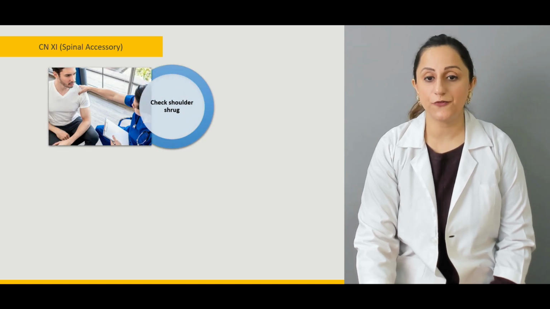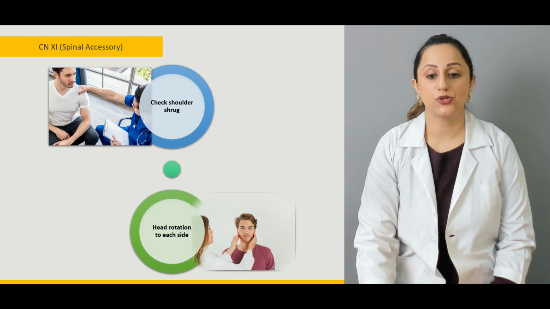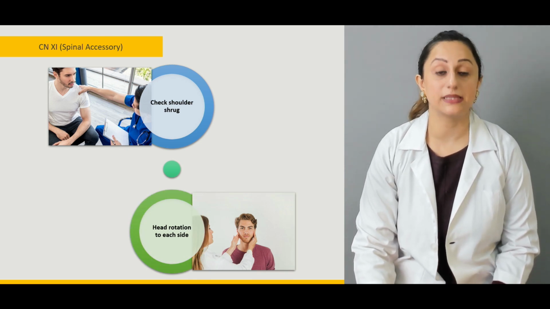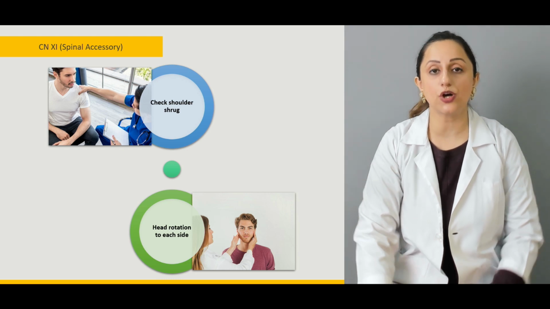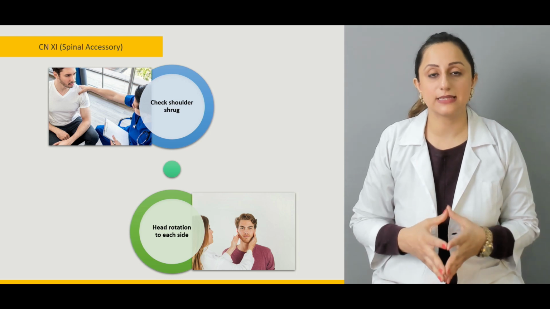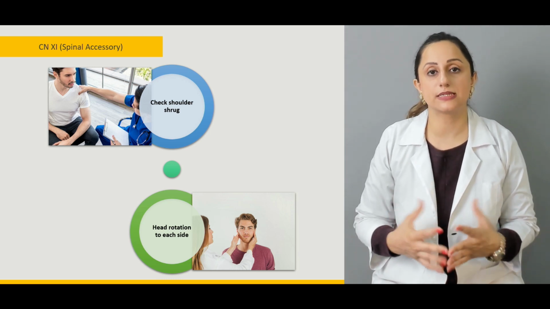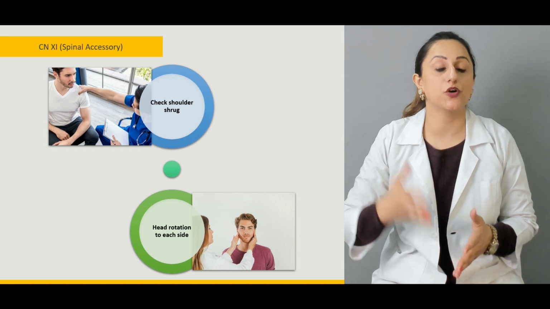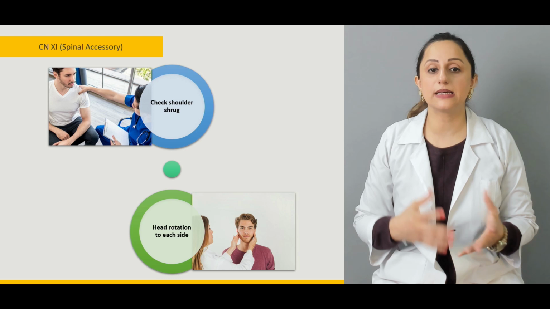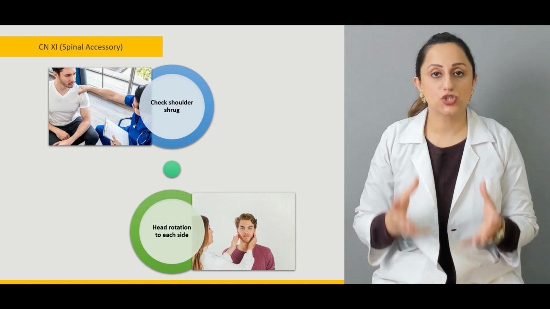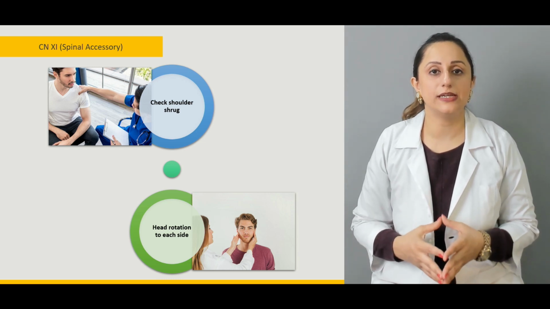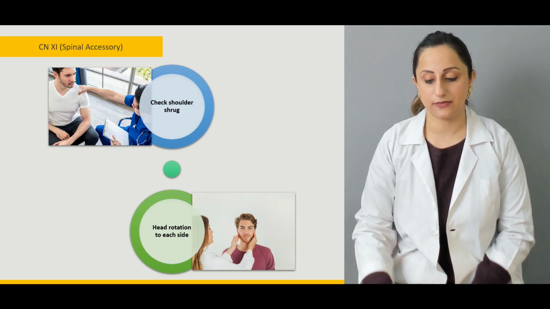You check for the shoulder shrug, and you also ask the patient for head rotation towards each side, but that is against resistance. It's not a normal rotation towards any one of the sides. It's against resistance that you check for the functionality of the sternocleidomastoid on the same side. So this is how you go about checking the trapezius muscle as well as the sternocleidomastoid muscle.